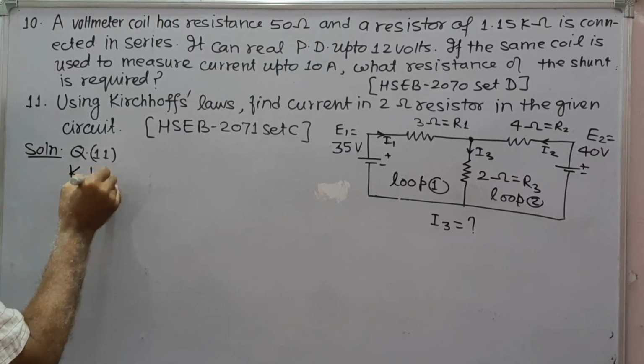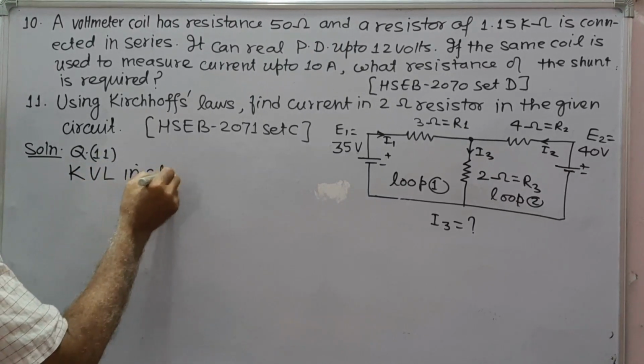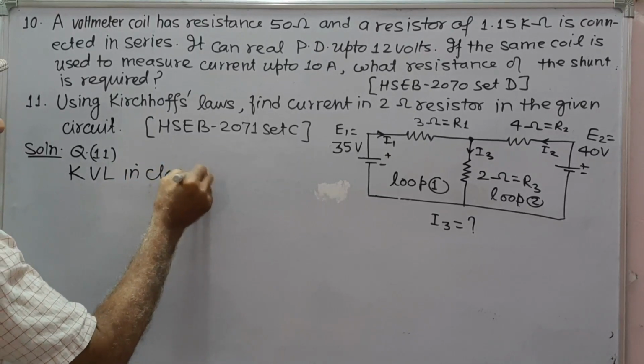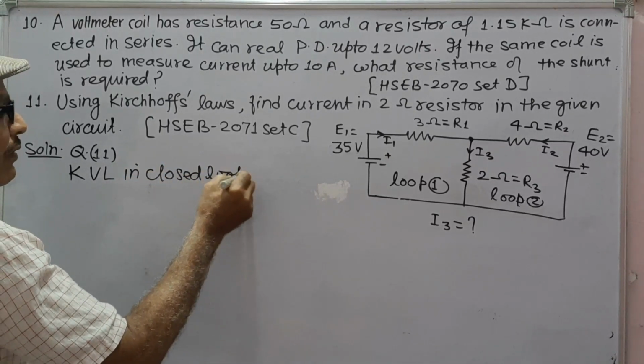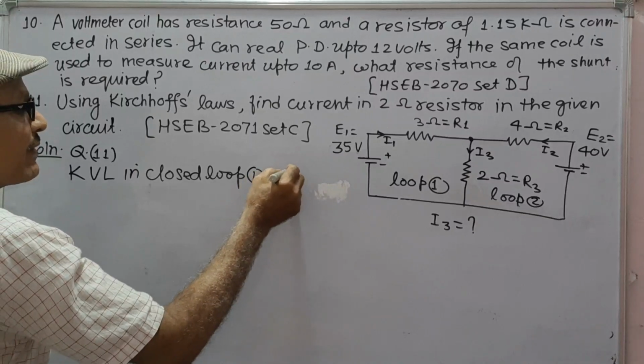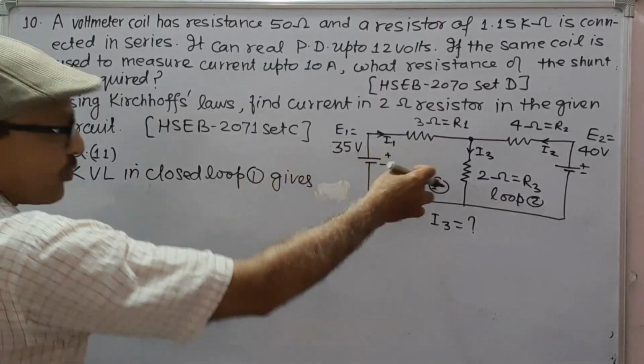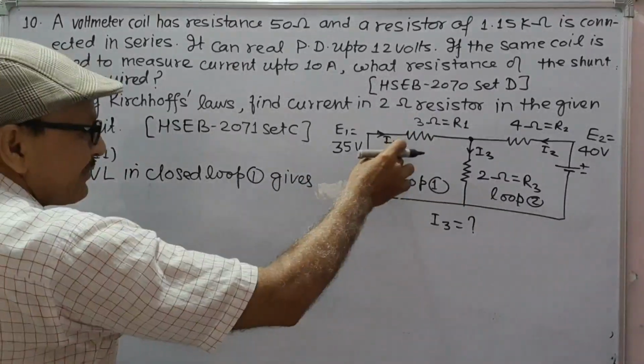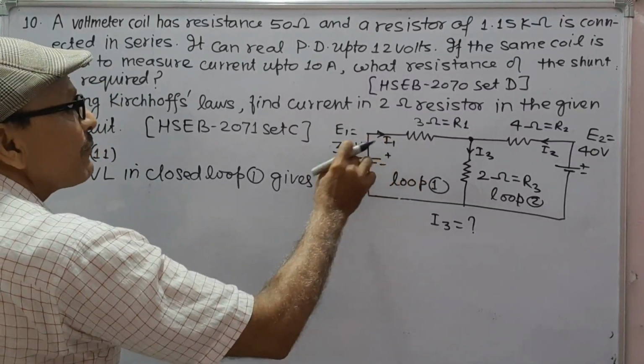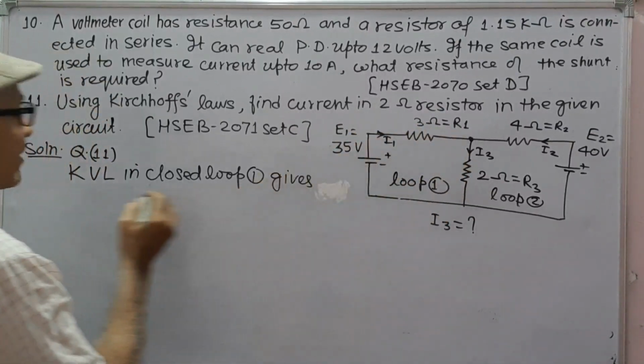Kirchhoff's voltage law in closed loop 1 gives, KVL, sigma EMF is equal to sigma IR.